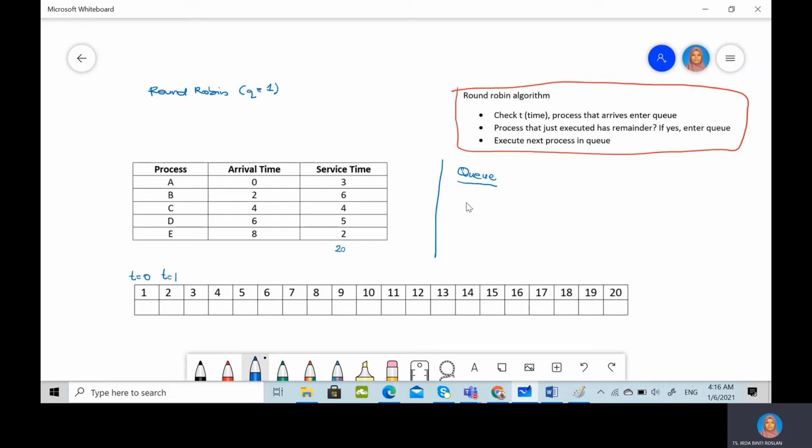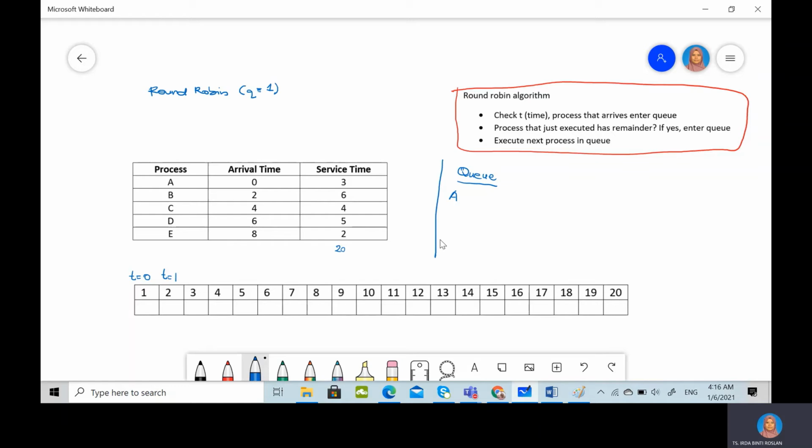So we shall start. At time equals 0, which process arrives? A arrives. When A arrives, the first thing we do is put it in the queue. Then we look at the second row, whether the process that was just executed has a remainder.